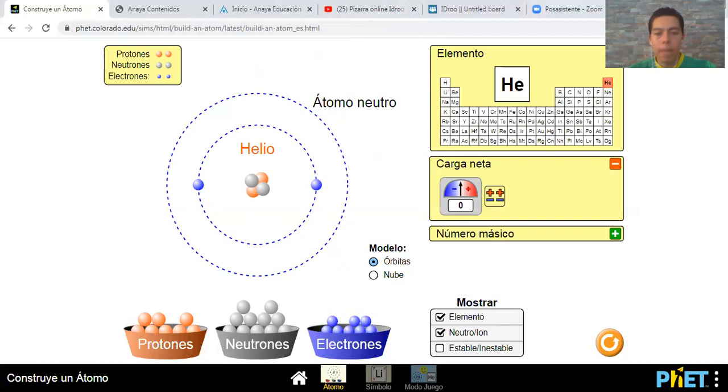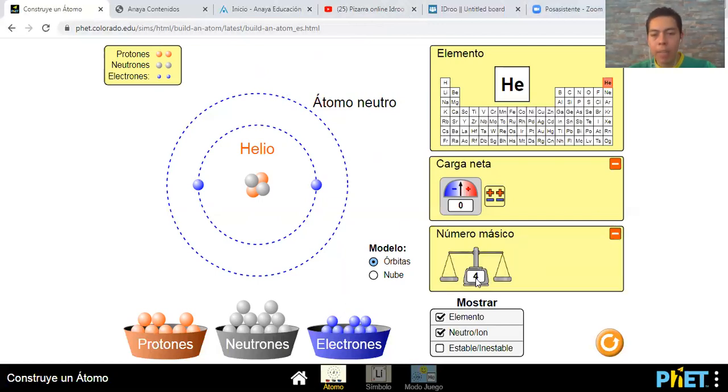Now let's analyze the mass number of an atom. You see the mass number of this atom is 4. Is the mass number of an atom going to change if I remove an electron? The answer is no, because as I was explaining at the beginning, in order to calculate the mass of an atom, scientists only take into account the mass of the protons and the mass of the neutrons, because the mass of an electron is almost null.